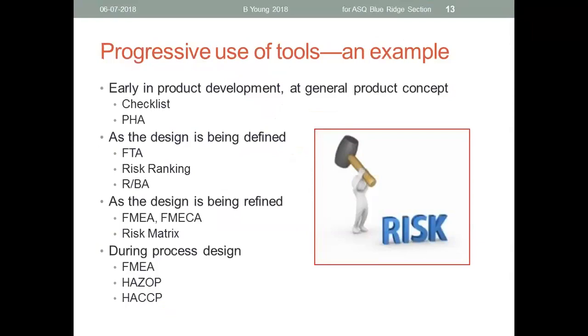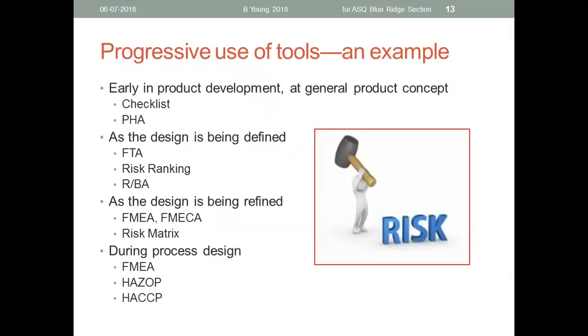As you have a design being refined, you're starting to get the fine details. FMEA then comes into play as being a very common workhorse. Risk matrix may be your decision-making tool for determining if the risks are acceptable or not.